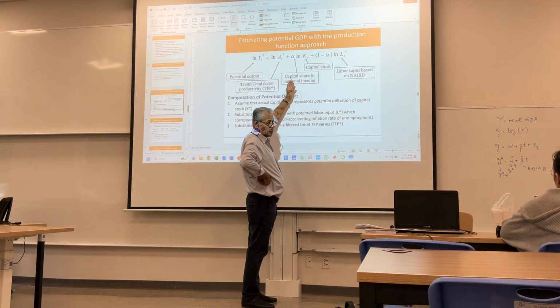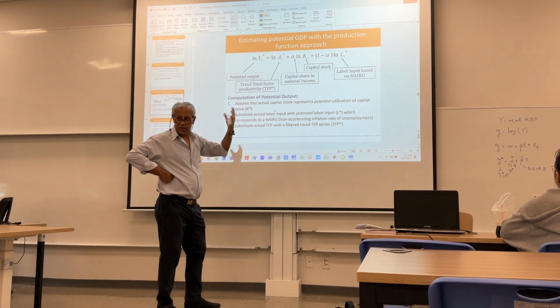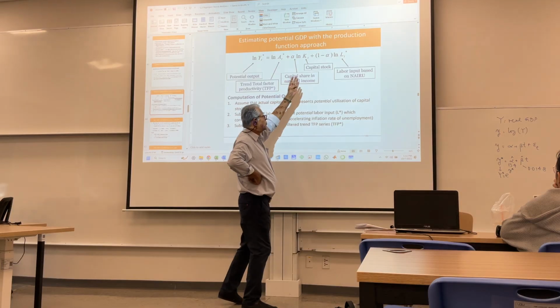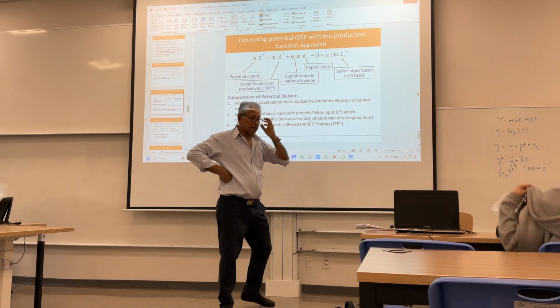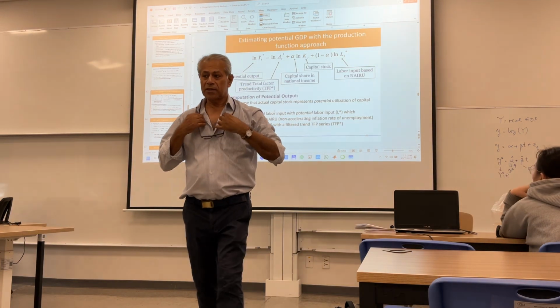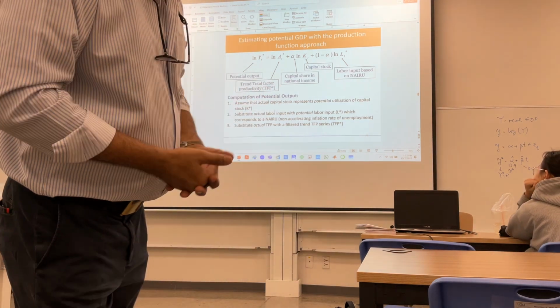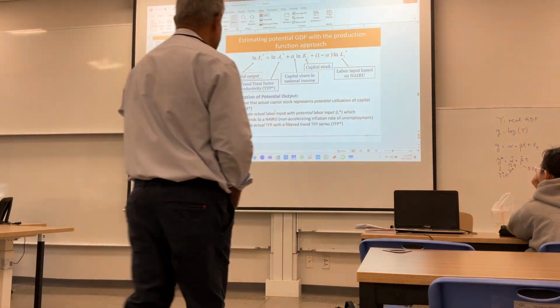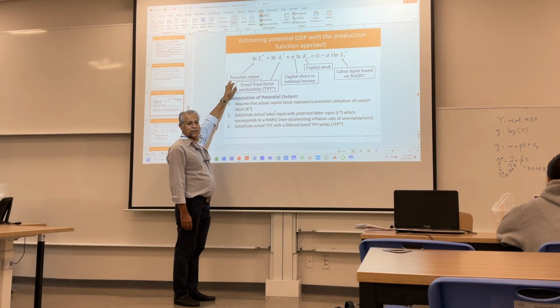But if the economy were using full capacity, full utilization of labor, full utilization of capital, and if the economy had total factor productivity at the level that it should be, based on some estimate that we might make of total factor productivity, then this is what potential output would be.